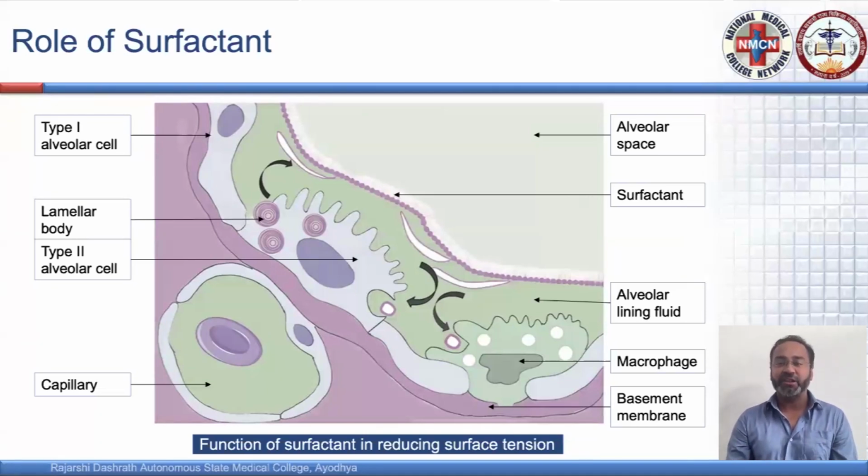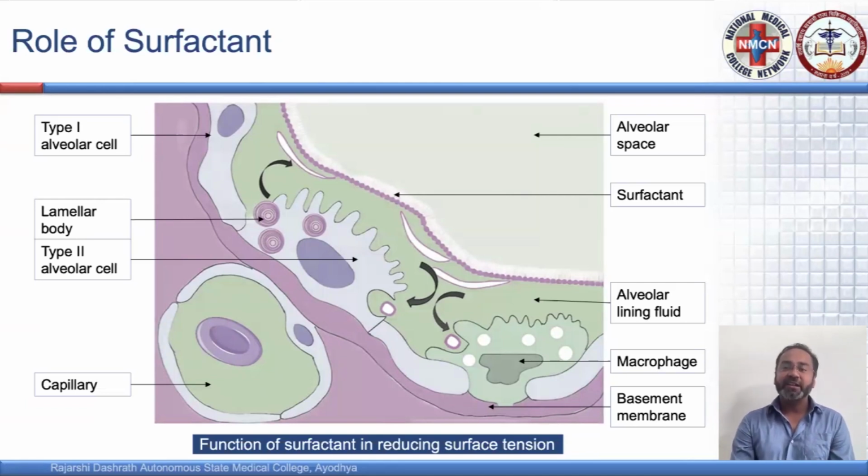To decrease the surface tension, there are certain pneumocytes called type 2 pneumocytes. Type 2 pneumocytes secrete a chemical called dipalmitoyl phosphatidylcholine. These are amphipathic lipoproteins which remove the air-water interface, and whenever the water and air cannot interact, there won't be any surface tension.